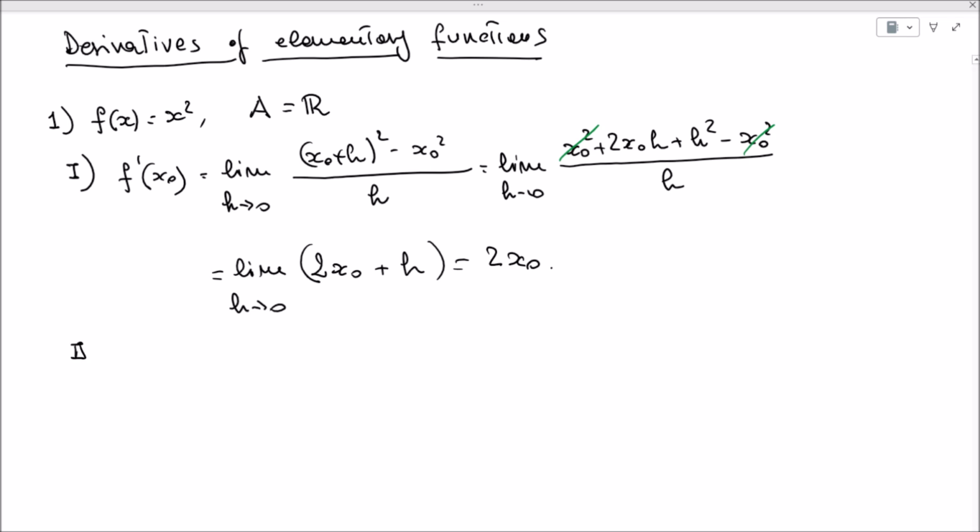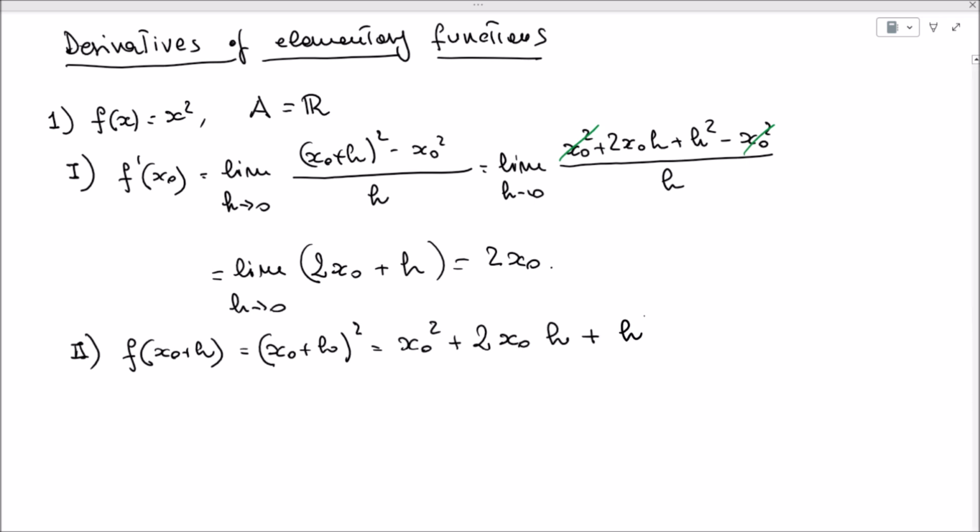In the second approach, we try to express f of x naught plus h with a differential. Of course, since f is x squared, this is just x naught plus h squared, which is equal to x naught squared plus 2 times x naught h plus h squared.